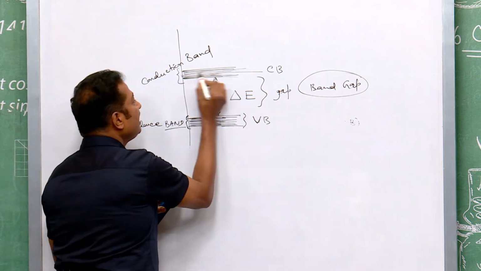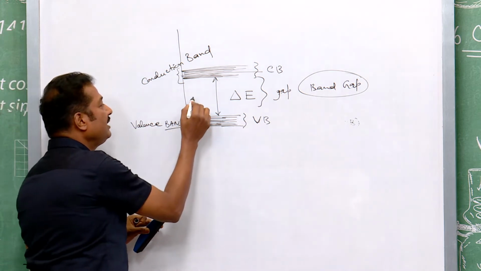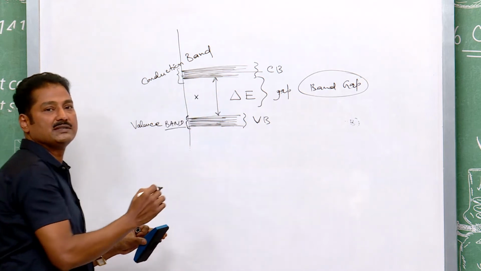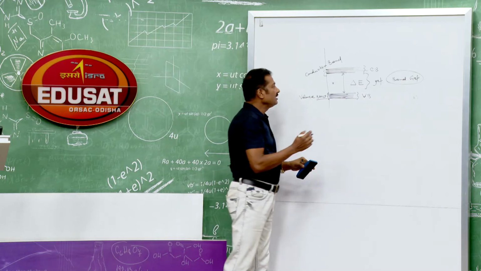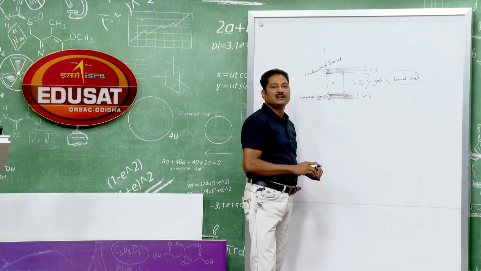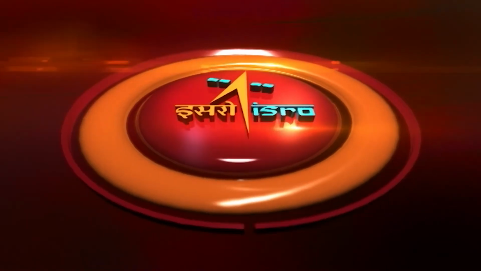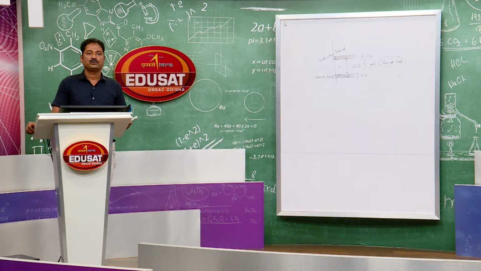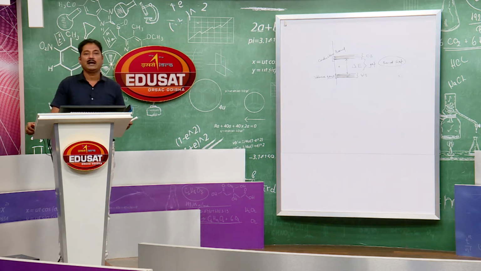You will find energy levels in the range of the valence band, and energy levels in the range of the conduction band, but you will not find any energy level between these two bands, and that is why it is called a band gap. The band gap decides the conductivity of a material.